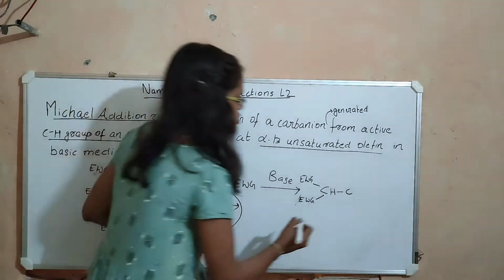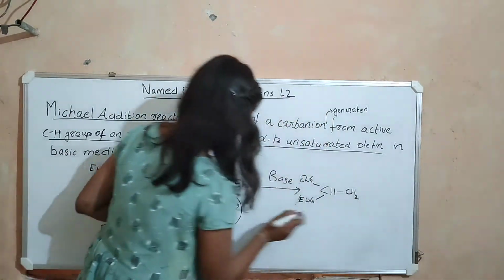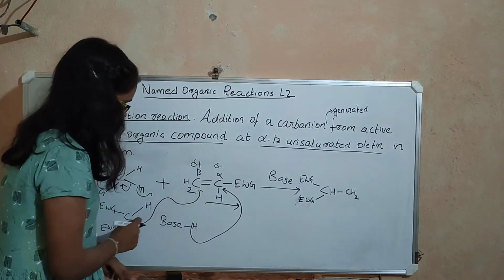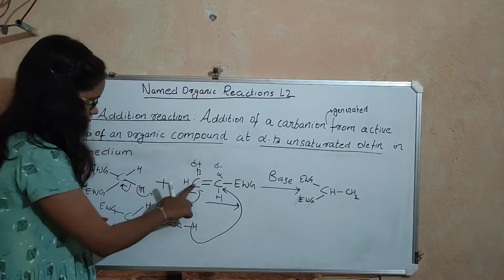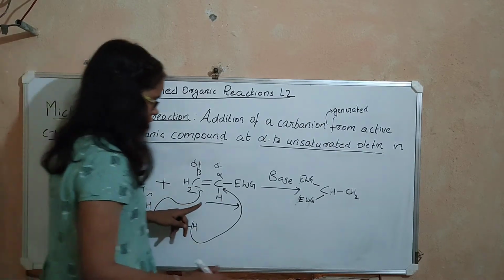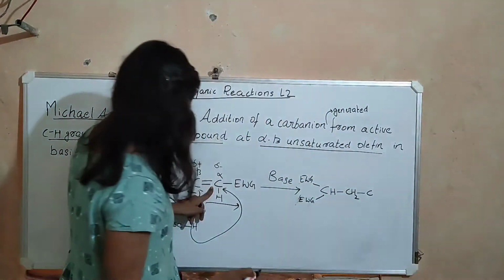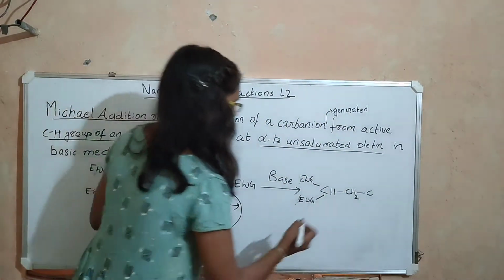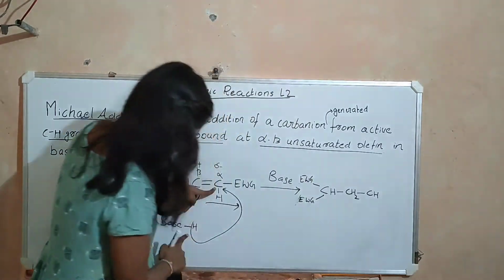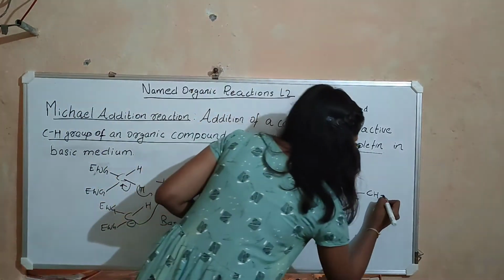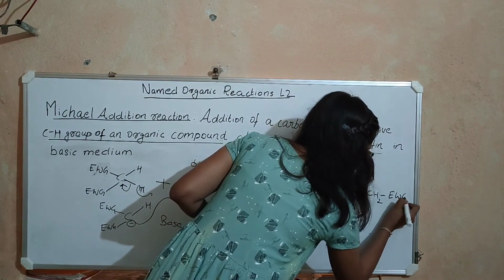You have two hydrogens on it. Now there is no double bond between the alpha and beta carbon because it got reduced by the addition of this carbanion and this H plus. So there is only a single bond now. CH, and this H will attack here, so it becomes CH2, and you have this electron withdrawing group.